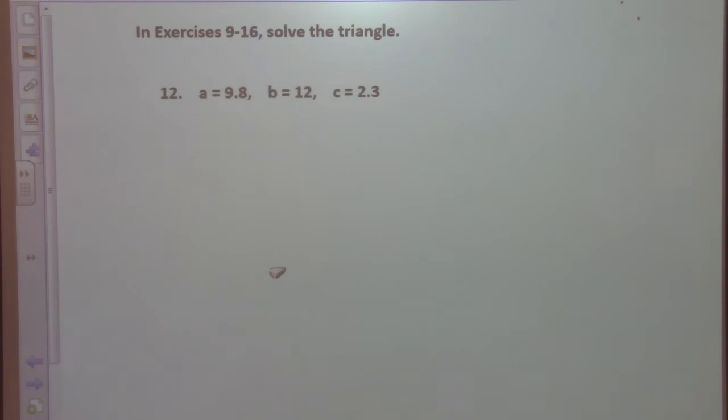We're going to have, for this one here, 12, Carmen. Okay, Carmen, how'd you do this one? Did you solve for B first? What did you do?